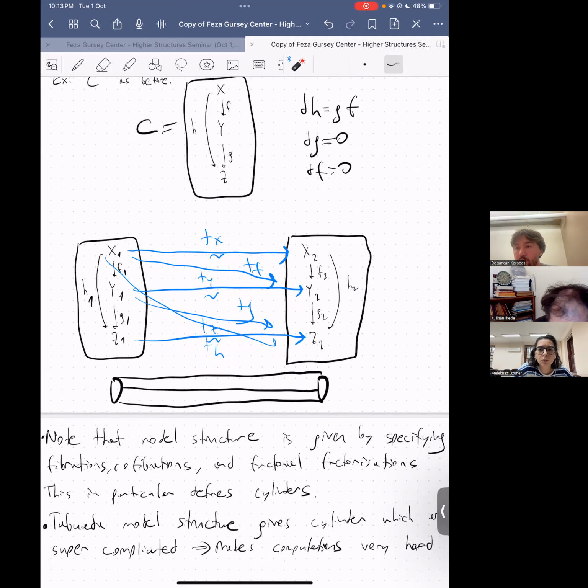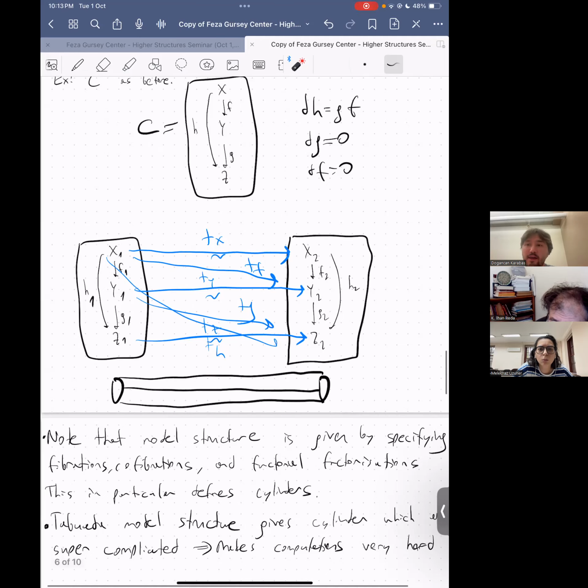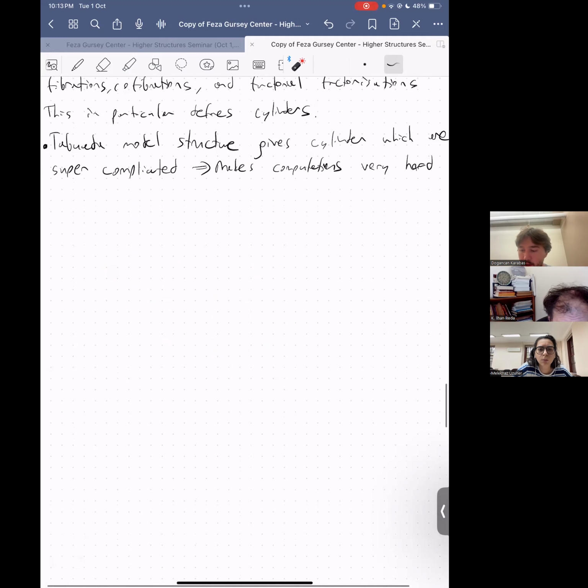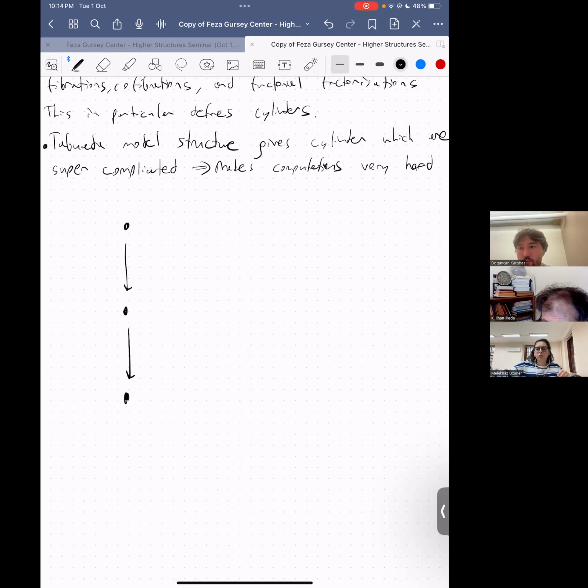The cylinder objects that existed so far are much more complicated than ours. Maybe in the linear case, I don't know, but if your category is this way, I think our result is kind of known, maybe not explicitly, but implicitly.